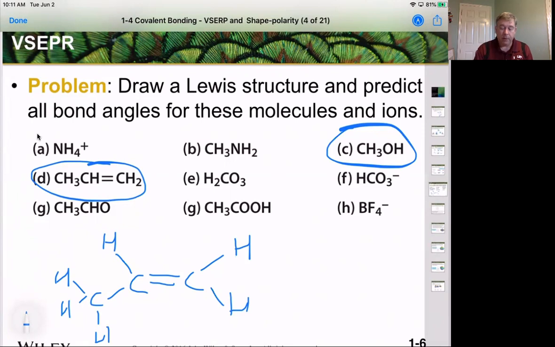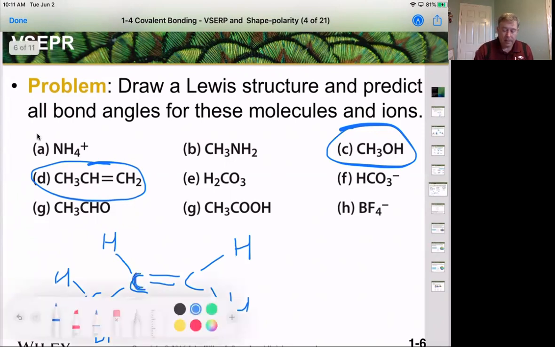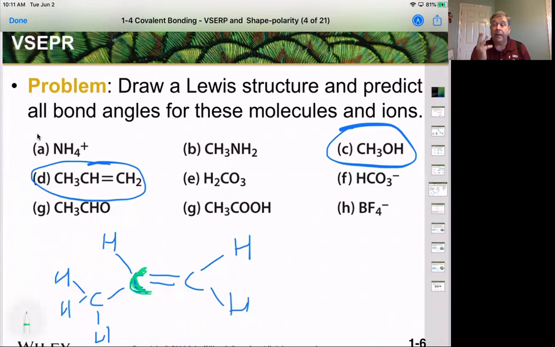And so from this configuration, we see that this carbon right here has 3 things bonded to it. So we predict that the angle here is going to be approximately 120 degrees. The angle here is going to be approximately 120 degrees. And the angle here is going to be approximately 120 degrees.